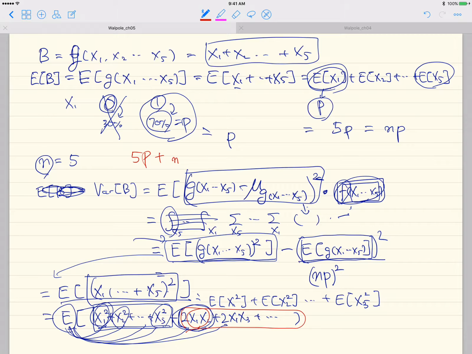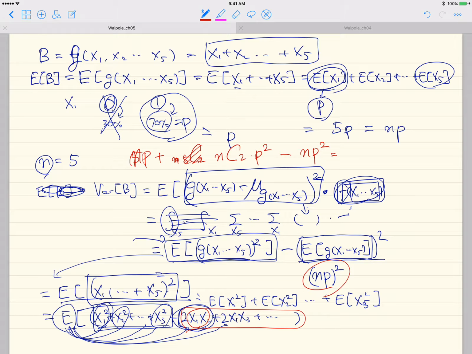So n, so 5C2, or we change it to np, and then it is nC2, then p squared, minus, we had np squared, right?